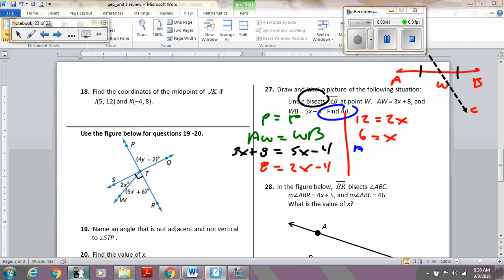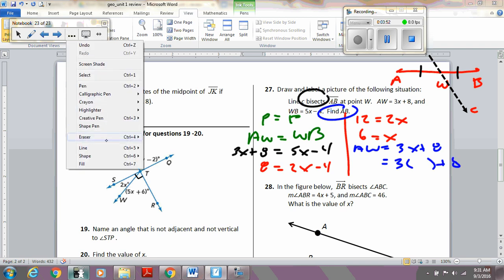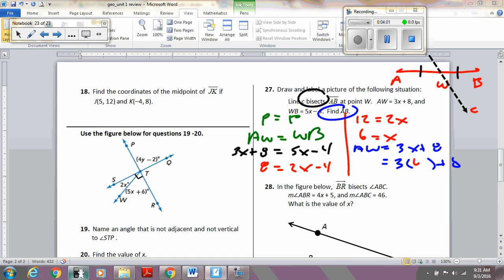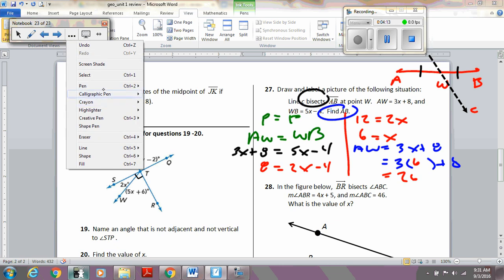And I'm going to substitute x into AW. So it was 3x plus 8. So that's now 3 times 6 plus 8. 3 times 6 is 18. 18 plus 8 is 26. So again, what did I just find? I found the length of AW.